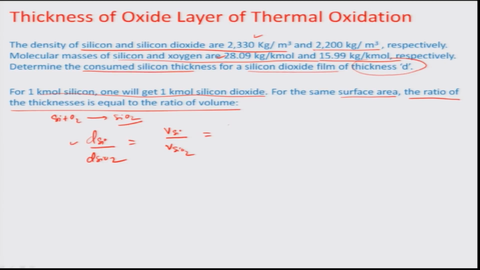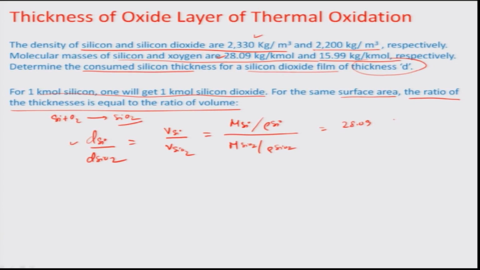So we can say that the volume of the silicon is the total mass of the silicon present divided by the density of the silicon, and the volume of the silicon dioxide is the total mass of the silicon dioxide divided by the density of the silicon dioxide. Let us look at what is given here. The molecular mass of silicon has been given to be 28.09 kg per kilomole.